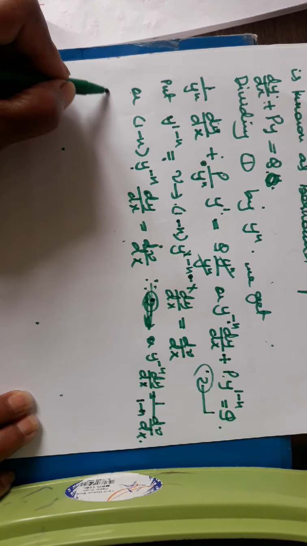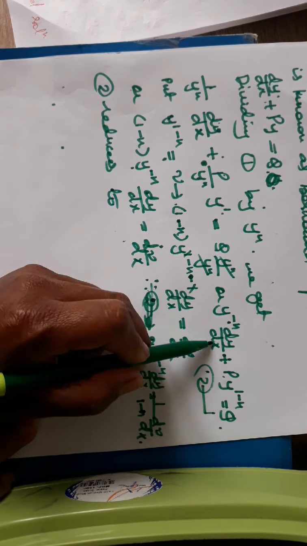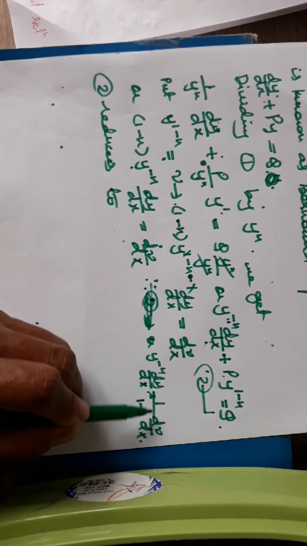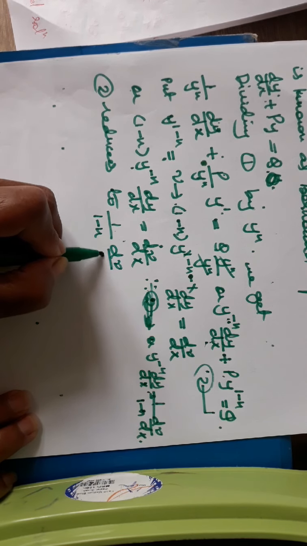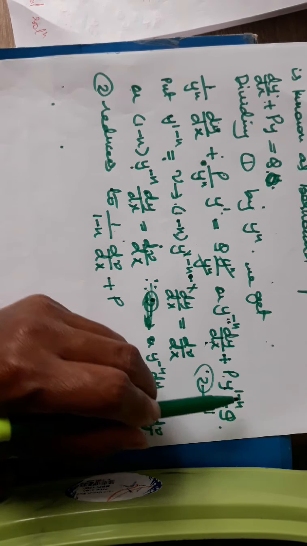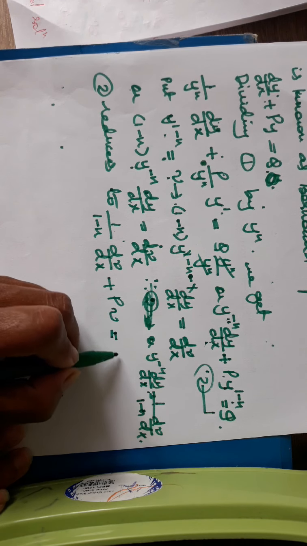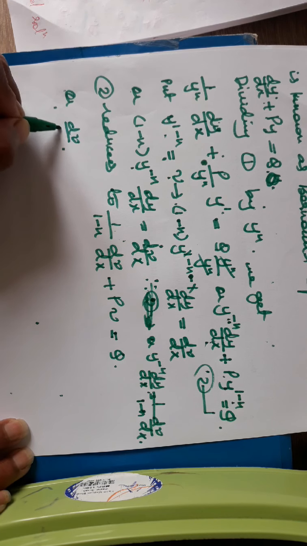Therefore equation 2 reduces to 1 upon 1 minus n into dv/dx, and then plus P. And what is y to the power 1 minus n? We have to replace it by v, so v is equal to Q. Or you can write here dv/dx.